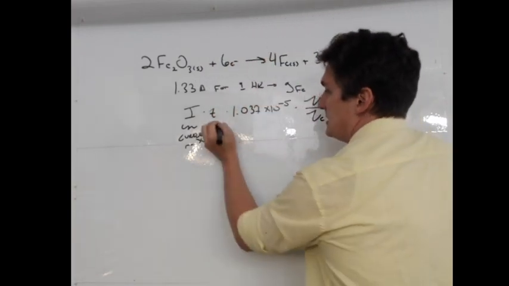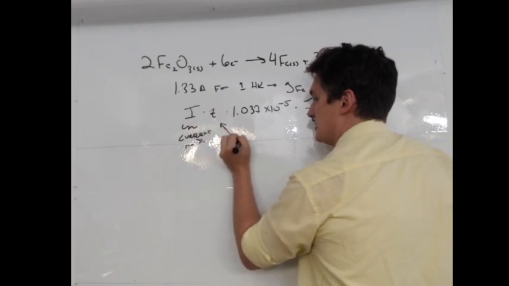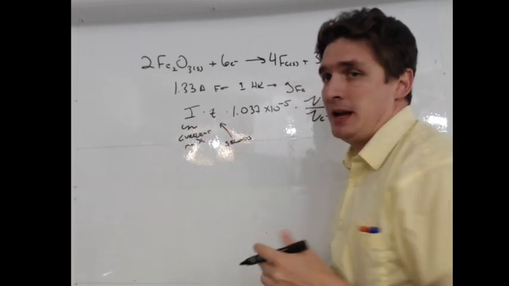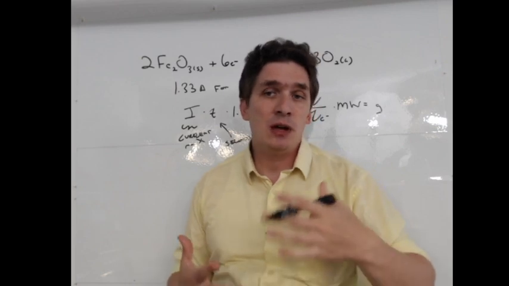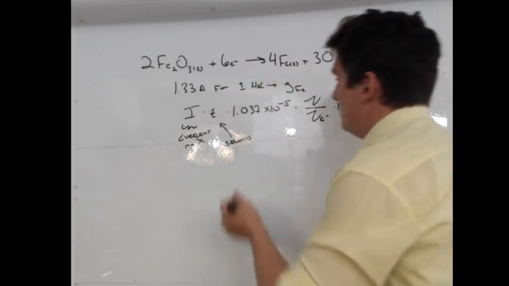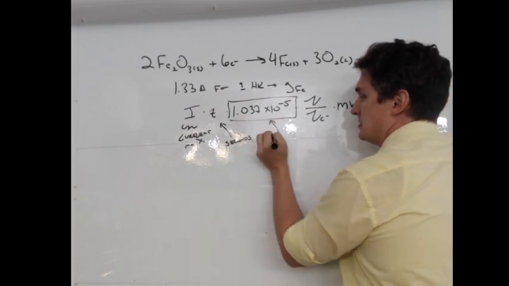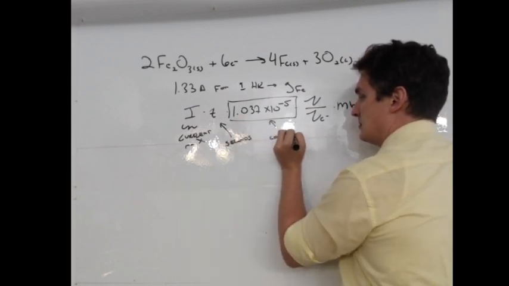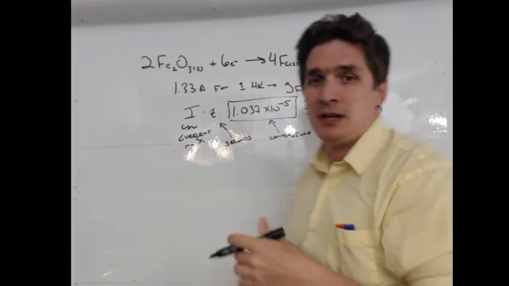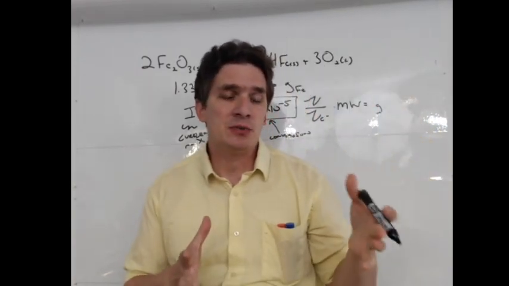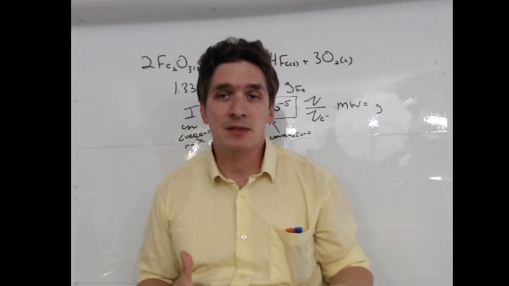Now this time here has to be in seconds, and the reason is that amps are a coulomb per second. This 1.037 times 10 to the negative 5, these are all just conversion factors. If you go to the online notes, you're going to see it worked out a lot better as to where this 1.037 times 10 to the negative 5 comes from.